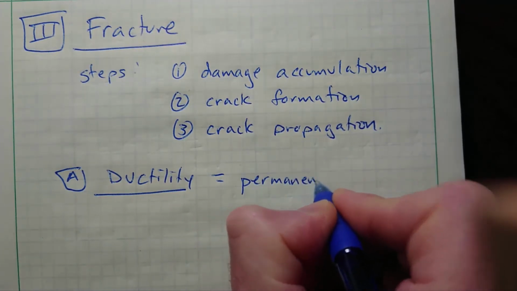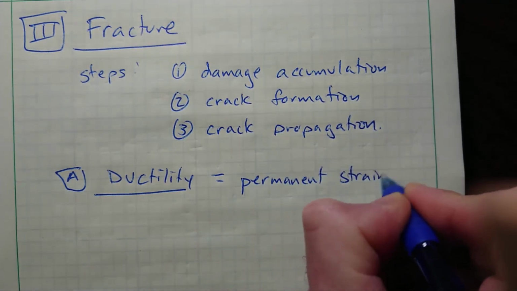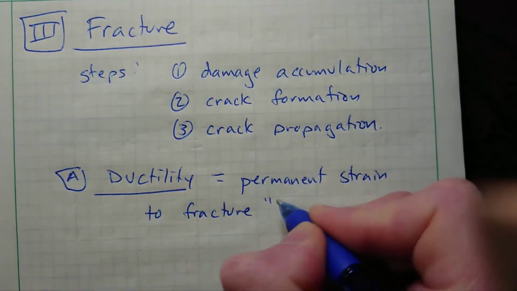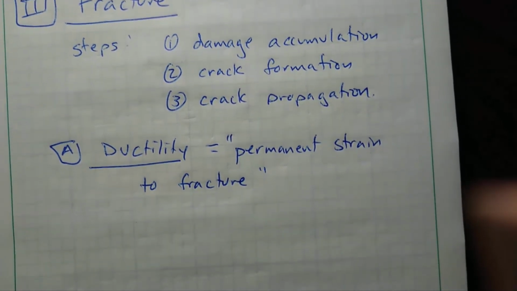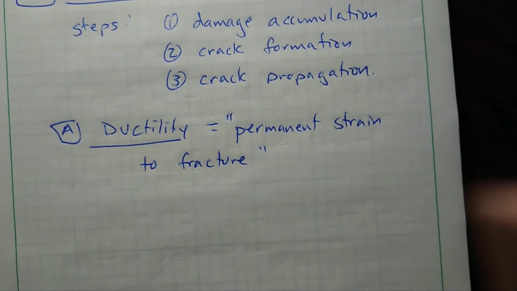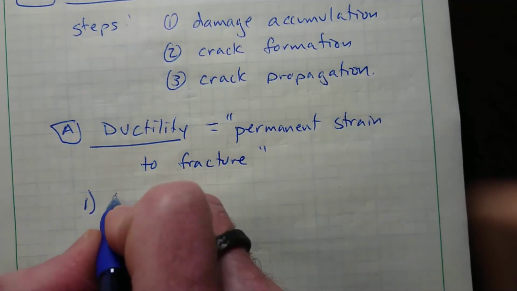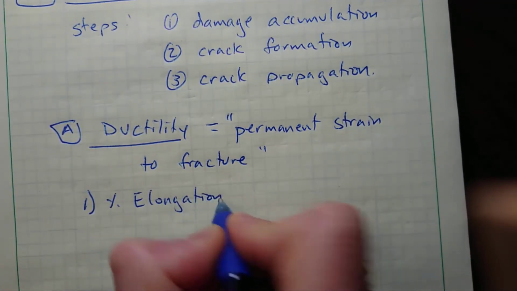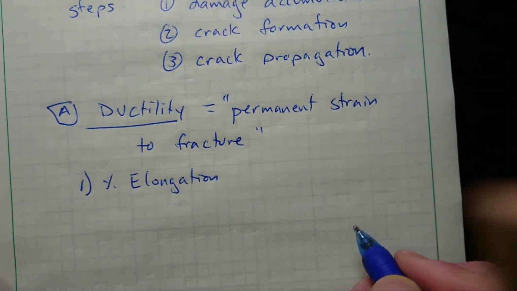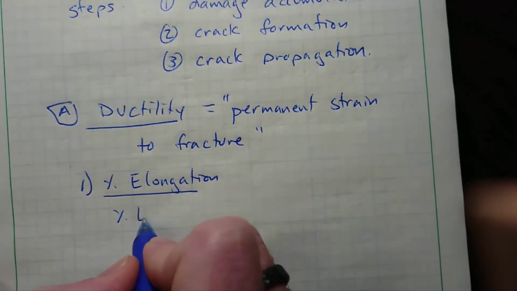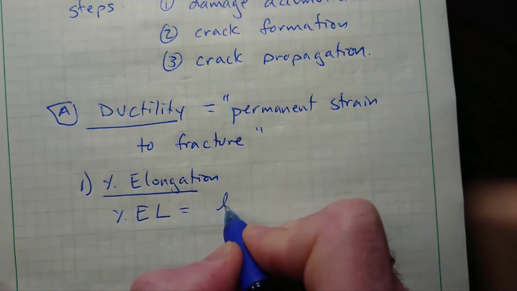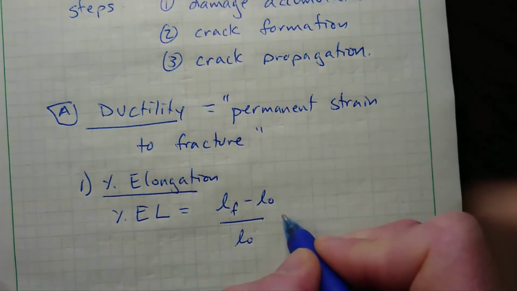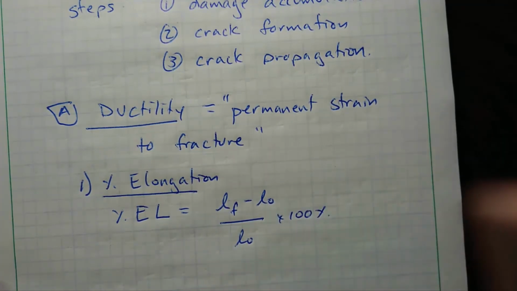Let's put that in quotes because there are actually some more precise definitions. One of the more precise definitions is called percent elongation. Percent EL is the final length minus the original length over the original length times 100%.